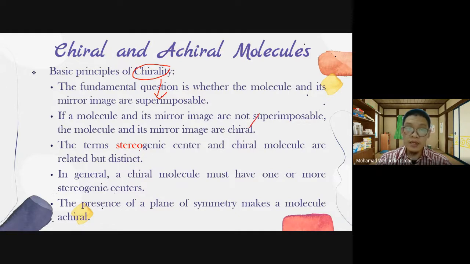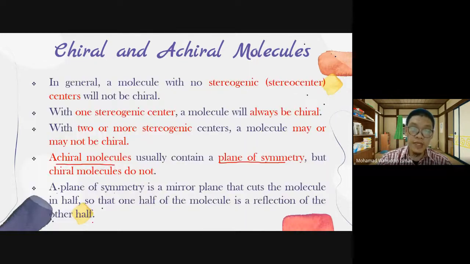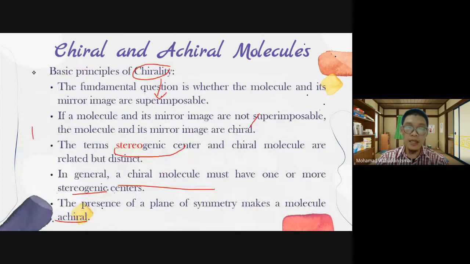The terms stereogenic center or stereocenter and chiral molecule are related but distinct. In general, a chiral molecule must have one or more stereogenic centers. The presence of a plane of symmetry makes a molecule achiral. So this statement here and this statement here are related.